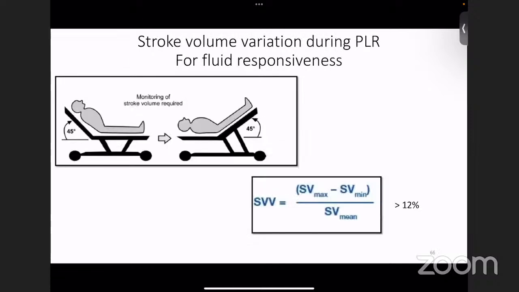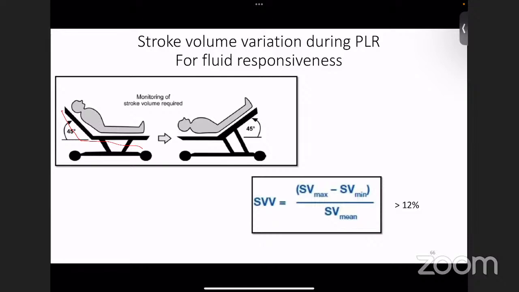So you can use the stroke volume variation during a PLR for fluid responsiveness also. So what you do, you keep the patient at 45 degrees, okay, then you calculate the aortic valve diameter, then you see the LVOT VTI.